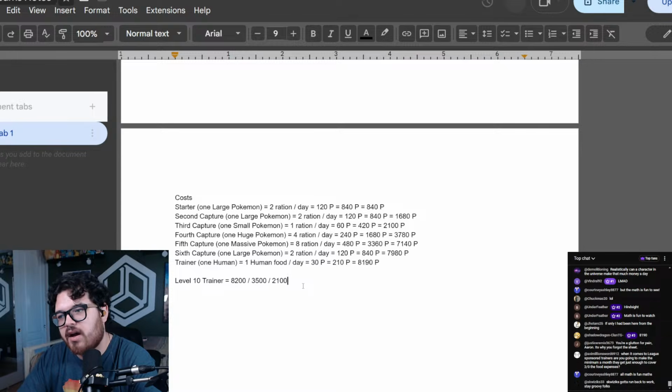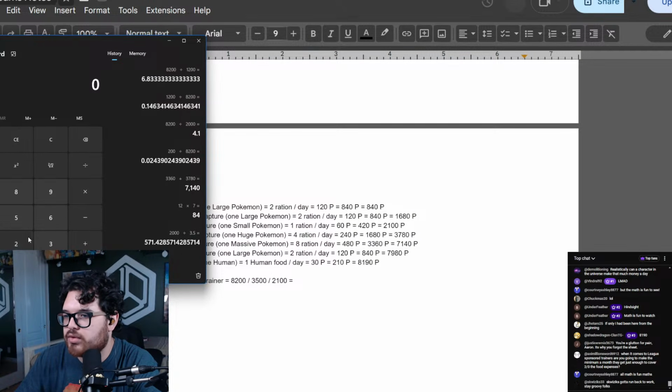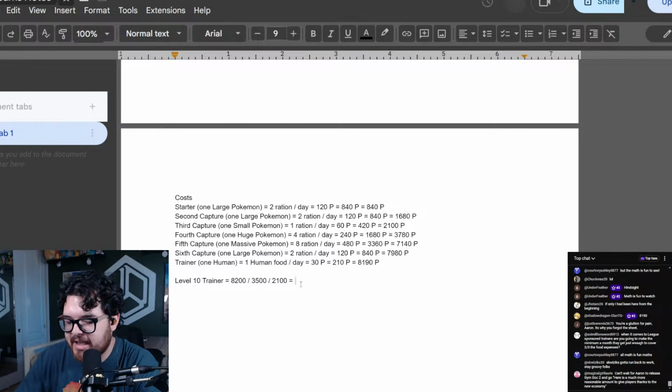This feels a little bit on the low side, but for now, let's just continue to ride it out. That means that per week, a level 10 trainer should be getting 82 plus 35 plus 21, 13K a week, which honestly, if I was making 13K a week, shit would go crazy.